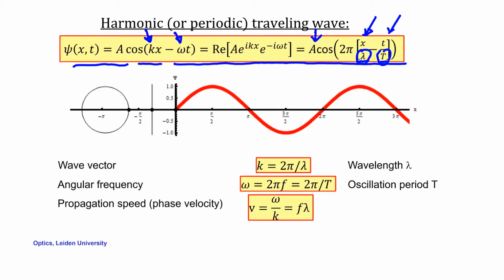And the relation between these parameters is as follows. K is the wave vector, and the wave vector K is 2 pi over lambda. It's the oscillation expressed in radians per unit length. Omega is the angular frequency.